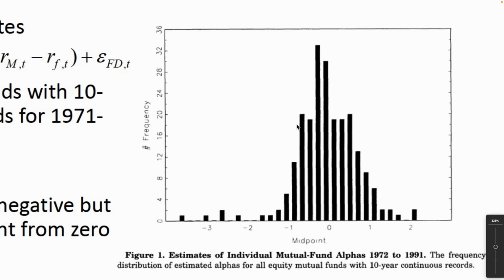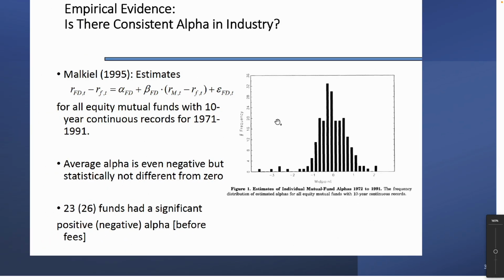After fees, the alpha would be lower by 2%. And then he also finds 23 funds had a significant positive alpha and 26 had a significant negative alpha before fees. And although the study is already 30 years old, something which we observe nowadays can be seen here.